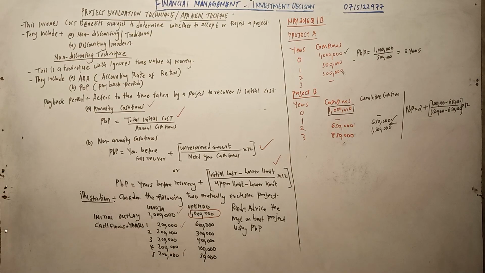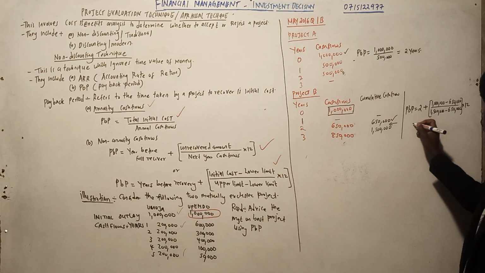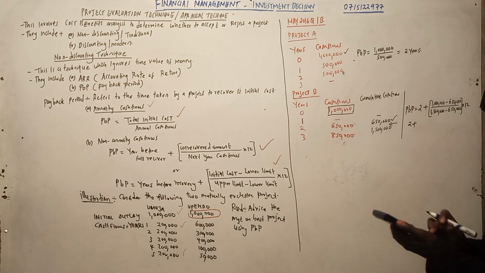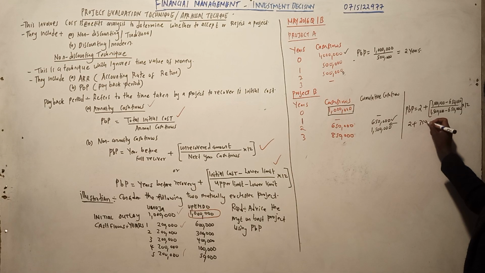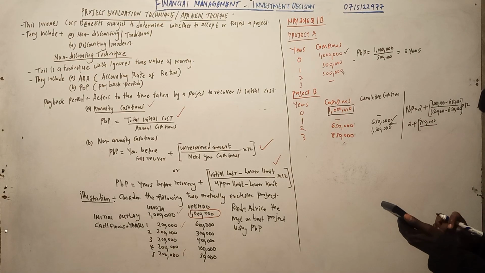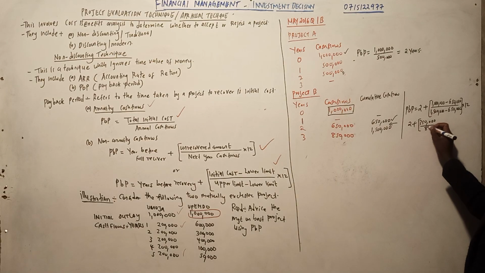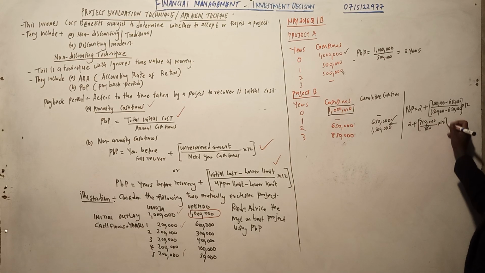So it will be 2 plus 1 million minus 650,000, that is 350,000, over 1.5 million minus 650,000, which is 850,000, times 12.